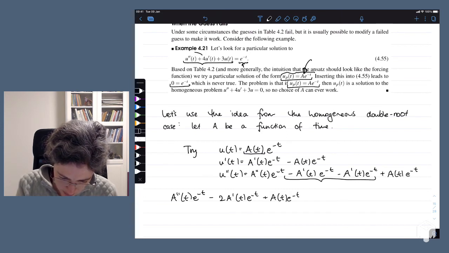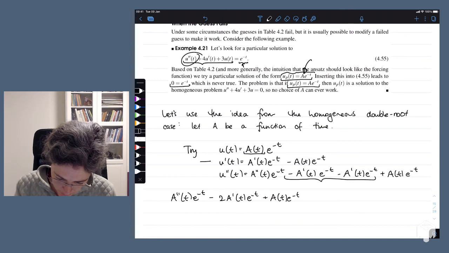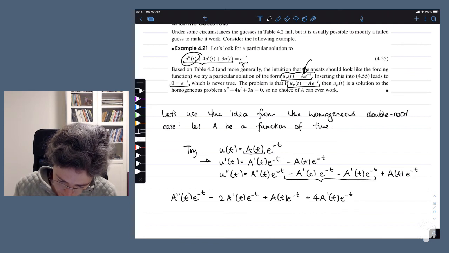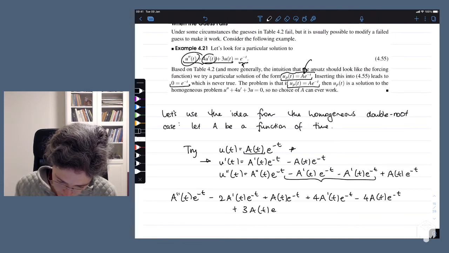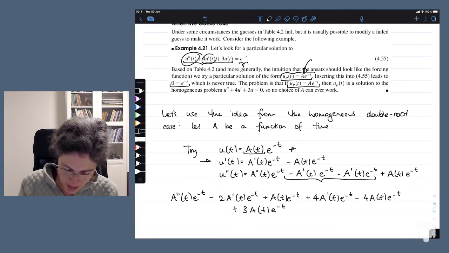So that's the u double prime part. Now we've got plus 4 of this, so that's that term, plus 3 times u, and this whole thing has to be equal to e to the minus t.